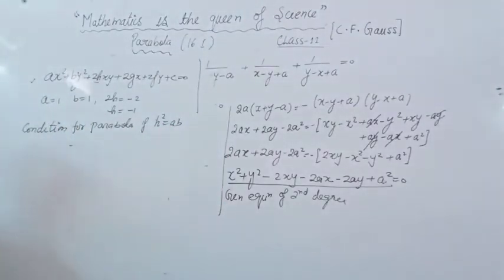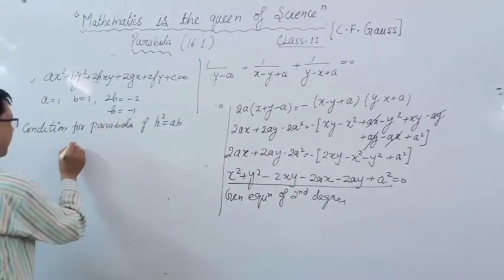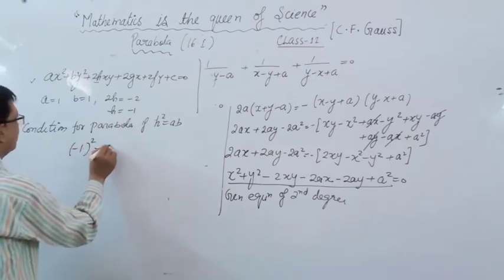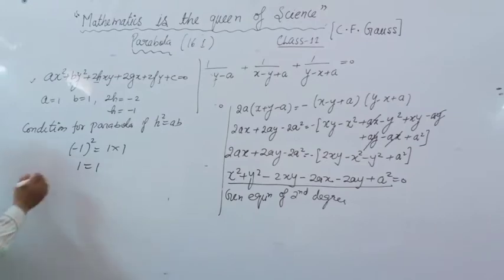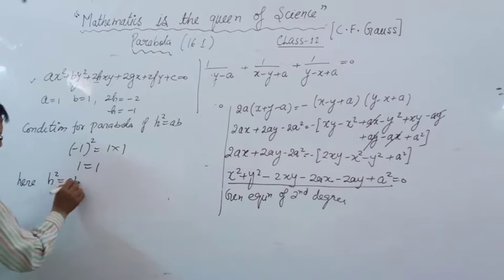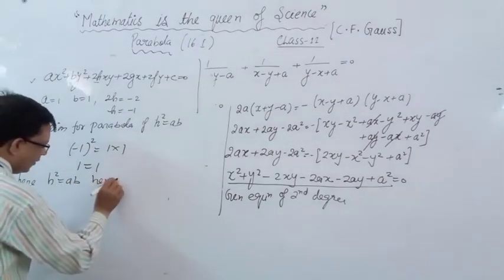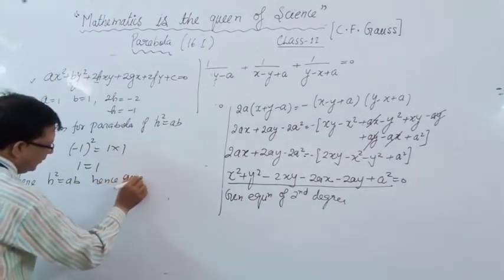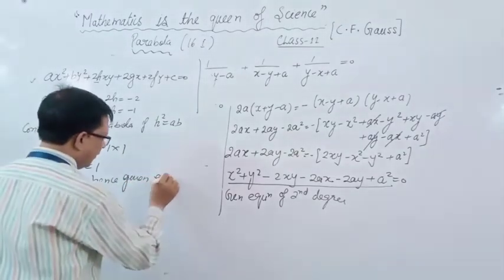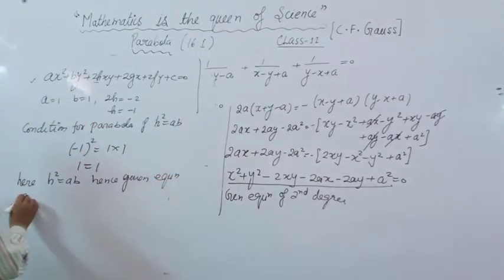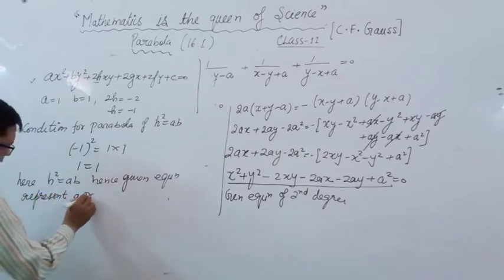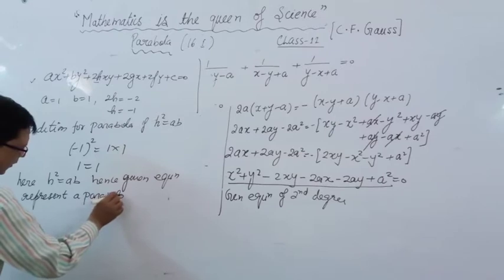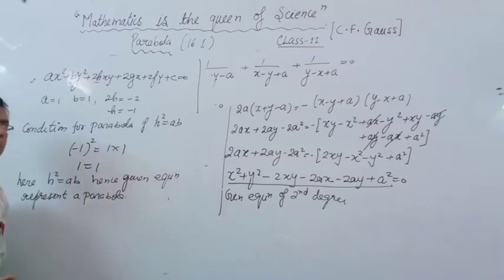Now we substitute the values. The value of h is minus 1, so minus 1 square is equal to 1 into 1, 1 is equal to 1. So here h square is equal to ab. Hence, the given equation represents a parabola.